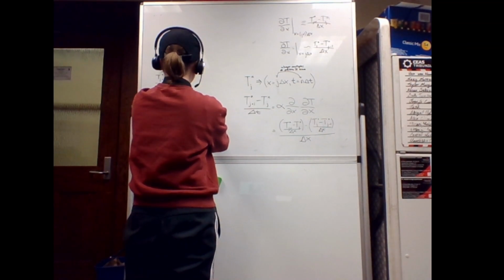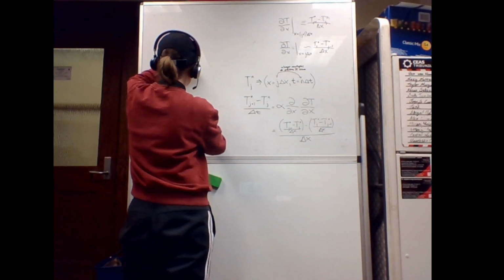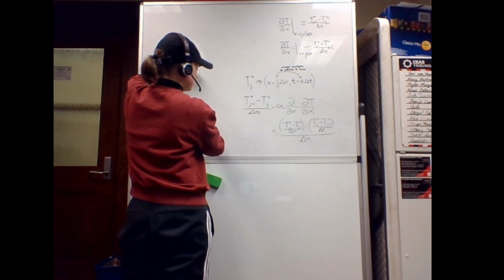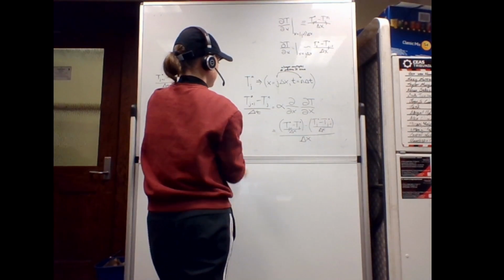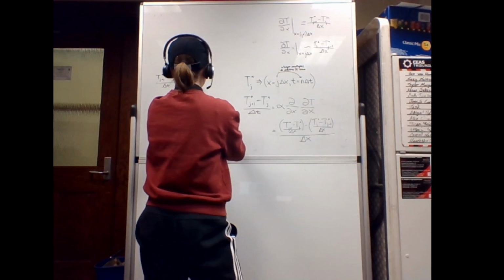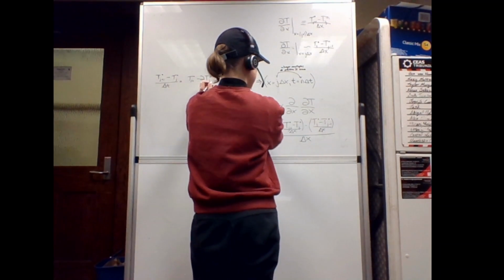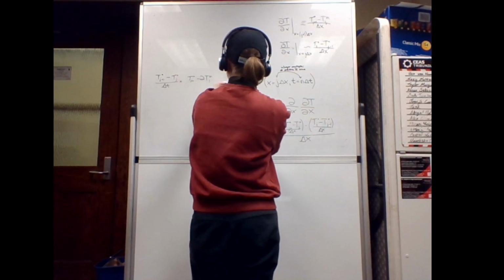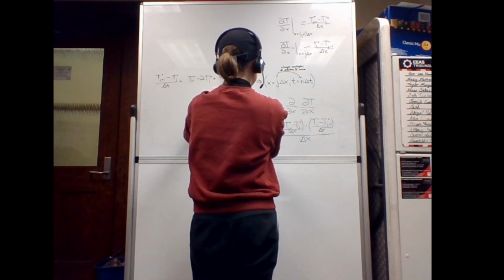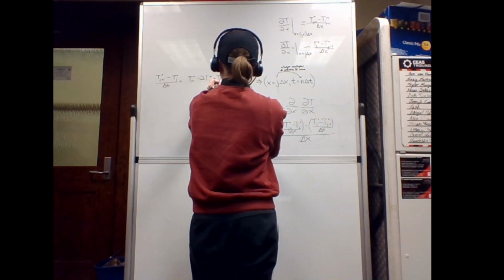And now we can simplify it down to T j plus 1 n. So that's the step forward in the position. And we're actually minus 2T j n plus T j minus 1 n, because these two minuses cancel.